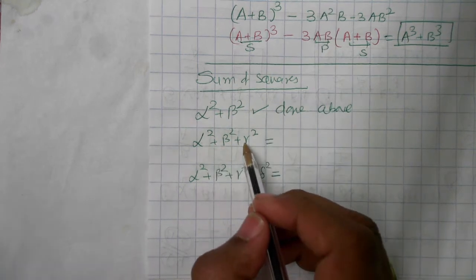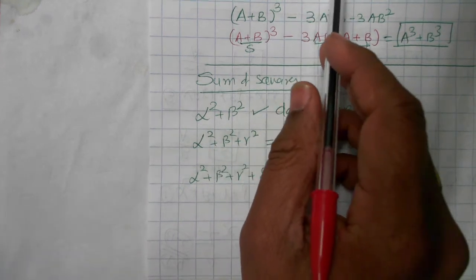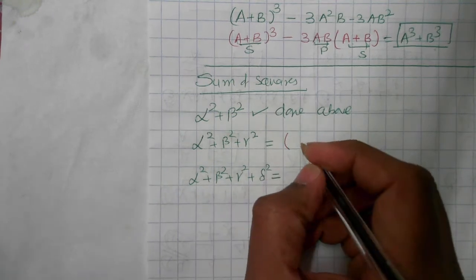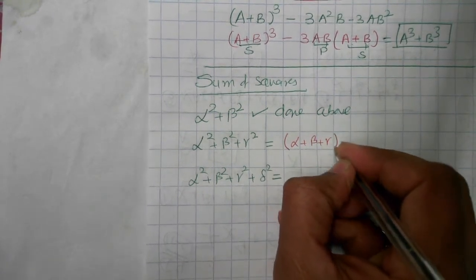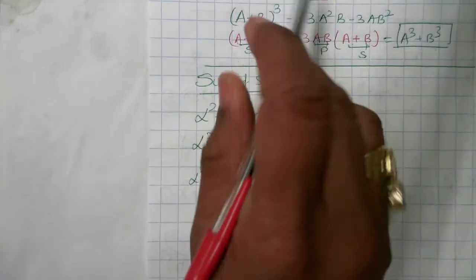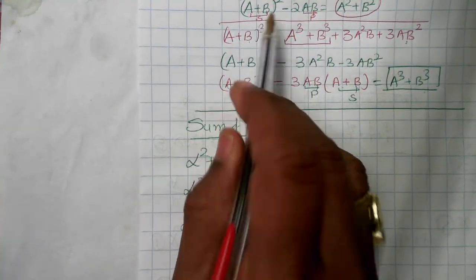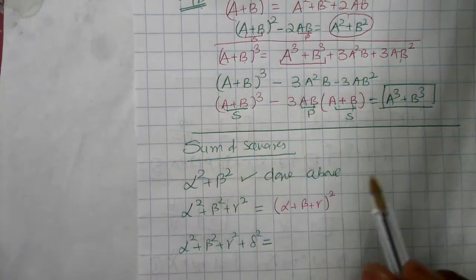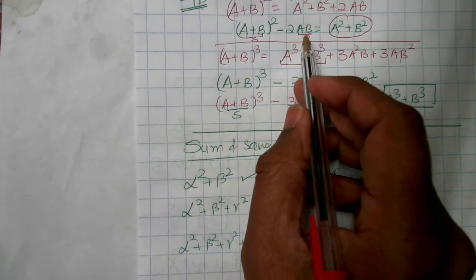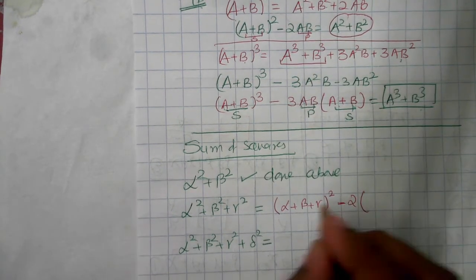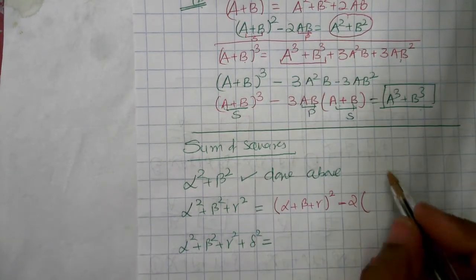We're going to do sum of the roots, alpha plus beta plus gamma whole squared, like we did over here, and then take away twice the product of two roots, right? So twice of, and there'll be more than one product of two roots, twice of alpha beta plus alpha gamma plus beta gamma.